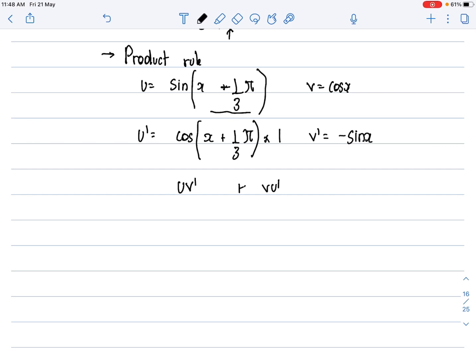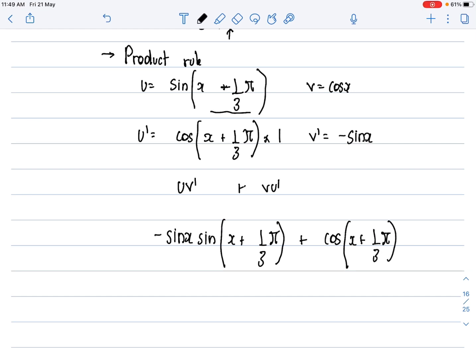So now I can simply write this as sine of (x plus 1/3 pi) times minus sine x, plus cos (x plus 1/3 pi) into cos x.